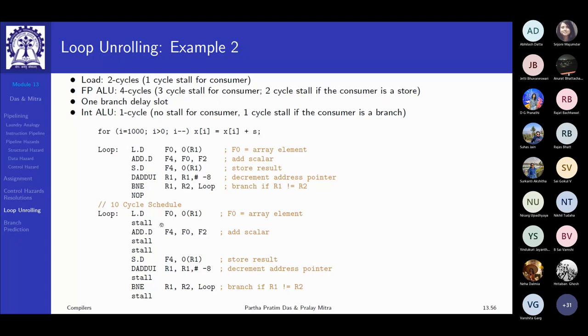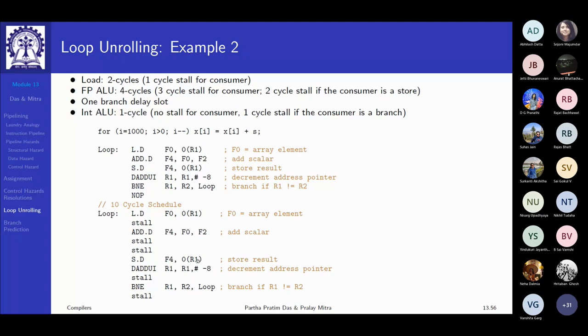After that I have the add, and I will stall twice for 2 cycles. Then I will have a store for the result, and then the decrement.